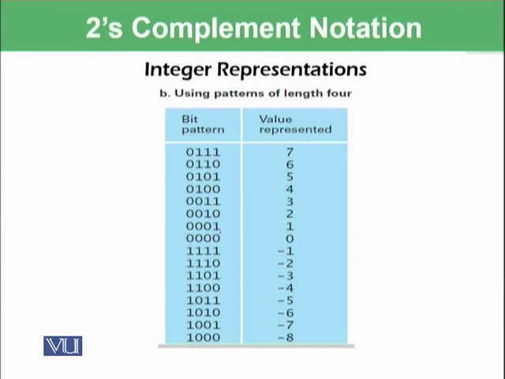From 0 to 7, we represent the same way as we were displaying in the decimal and binary notation previously. But 1111, which is actually 15 in decimal, will represent the value of -1 using 4 bits. And similarly, I was telling you that computers use 32 bits.